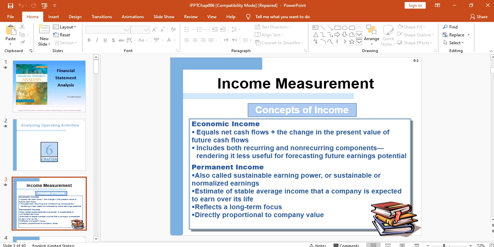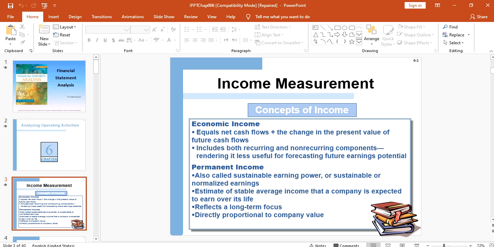They want to show the income of the company to be attractive for the investors and creditors. But in reality, it's not that much big, the income. So there are some measurements of income. There are some concepts of income.